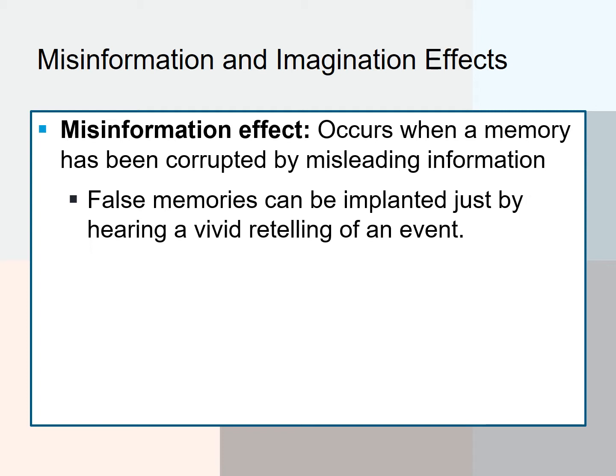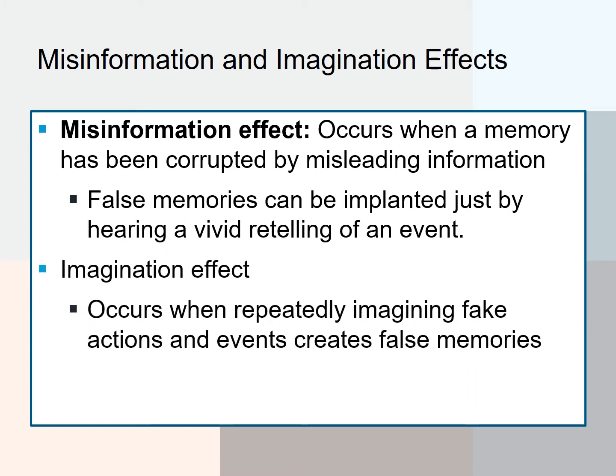If your friend tells the same story that you were a part of, they may remember something differently or have a different perspective because they were oriented in a different way, and that then influences the memories that you have. There's also the imagination effect. This occurs when repeatedly imagining fake actions and events creates false memories. You just think of it so much, you're not sure if it's real or not.